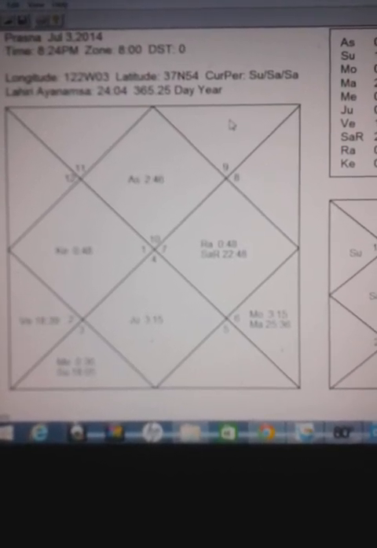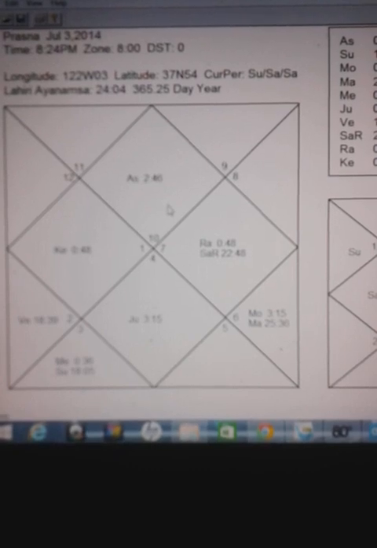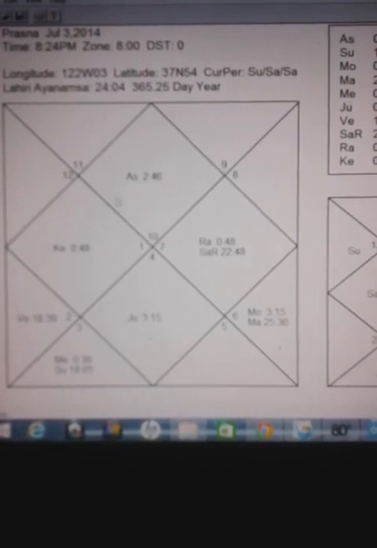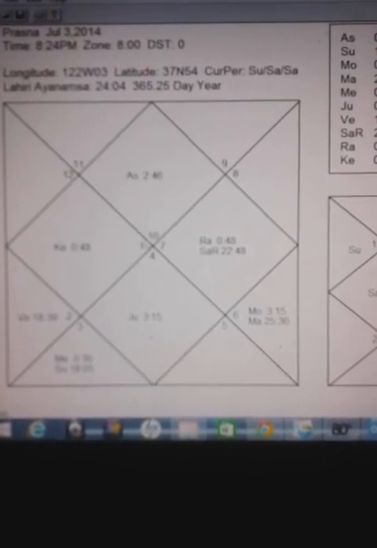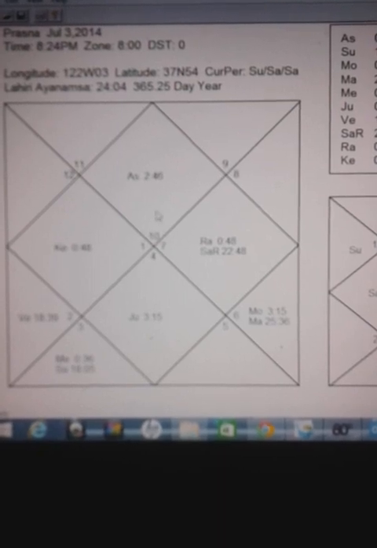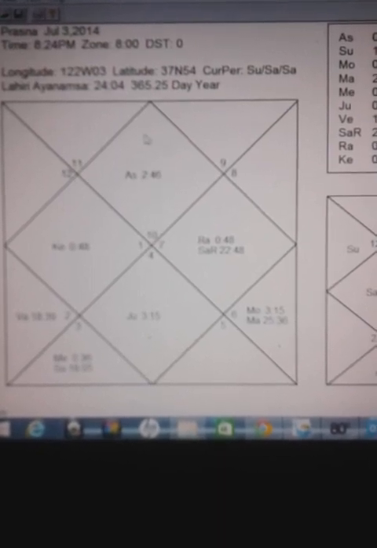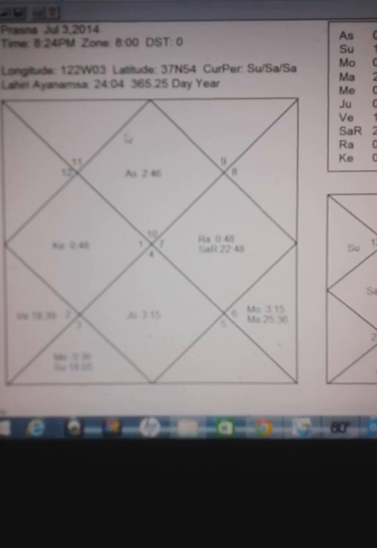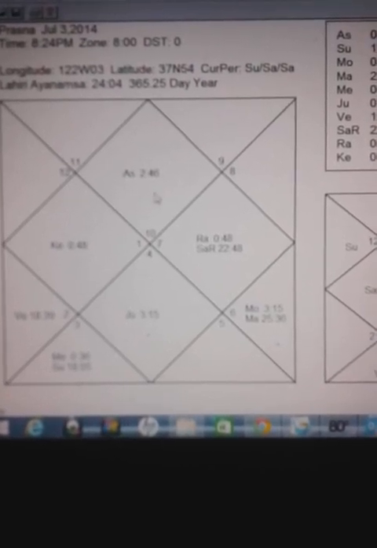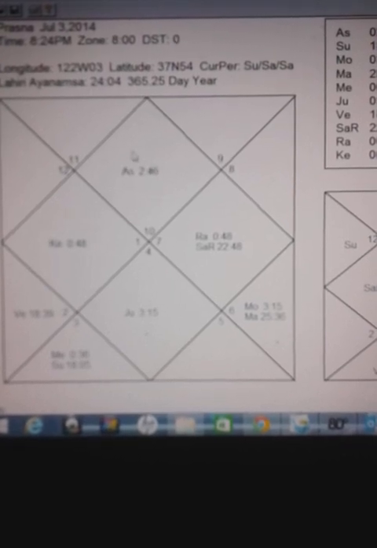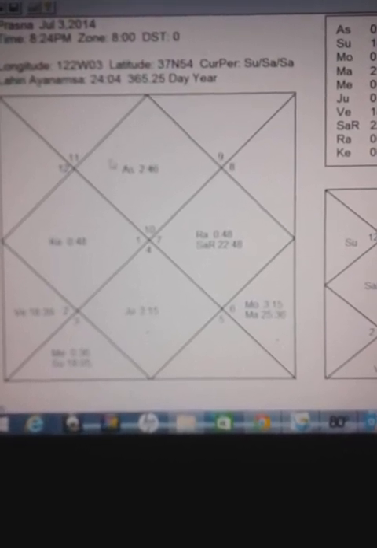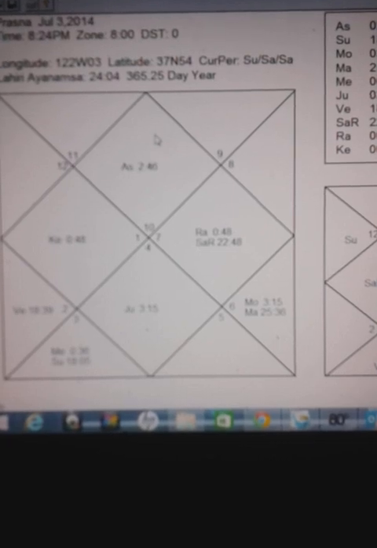Now, the first zodiac sign, as you can see, is Aries. And like I said, don't worry about the numbers which are mentioned here for now. We'll get into that later. So Aries actually rules the first house or the first sign.